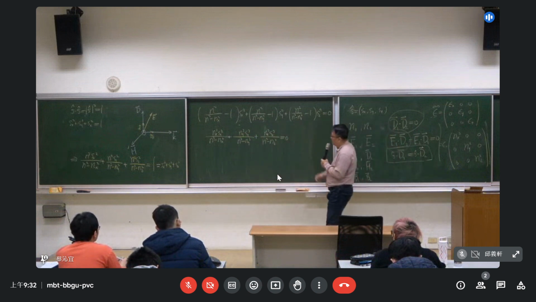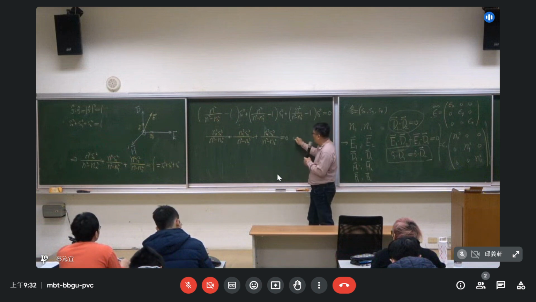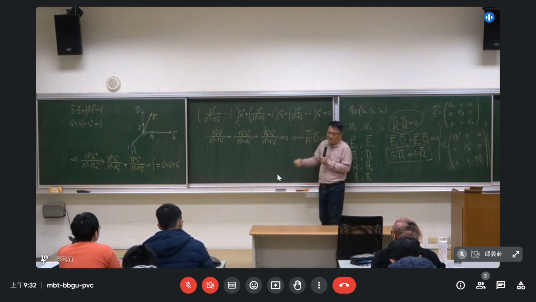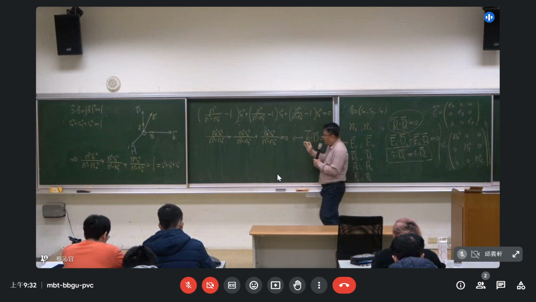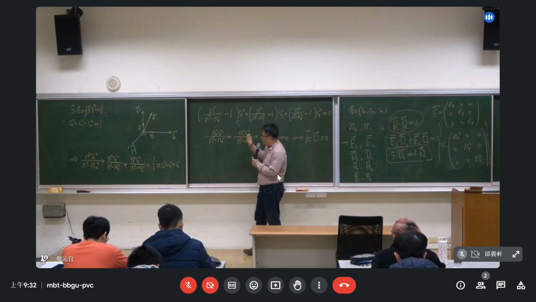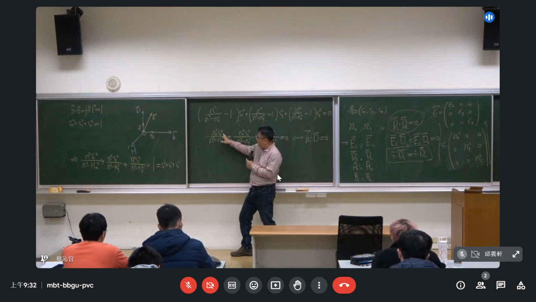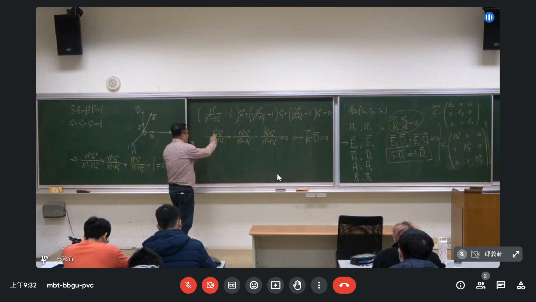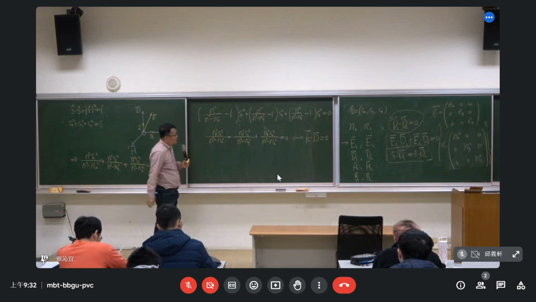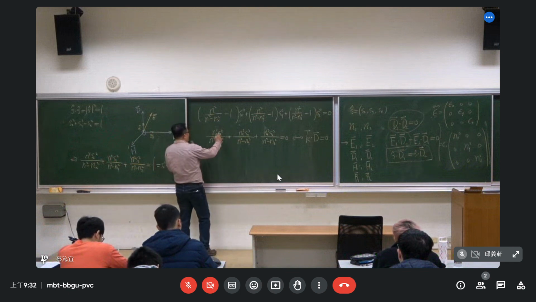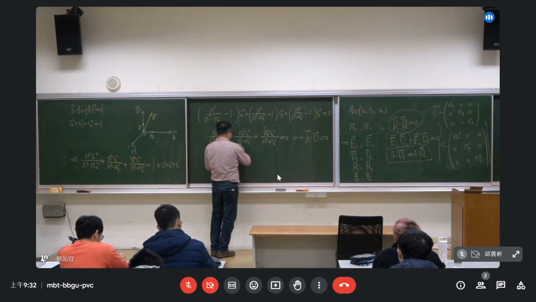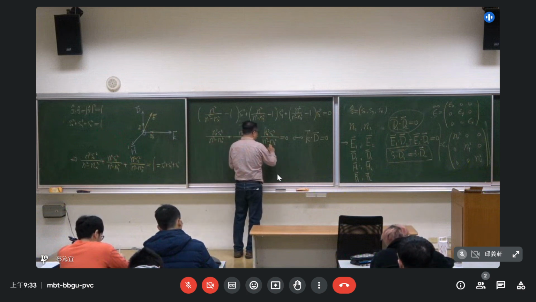You may notice that this equation is in fact equivalent to this equation, because we already derived the expression of the three components of E: Ex, Ey, Ez is proportional to Sx over n squared minus nx squared, Sy over n squared minus ny squared, and Sz over n squared minus nz squared.